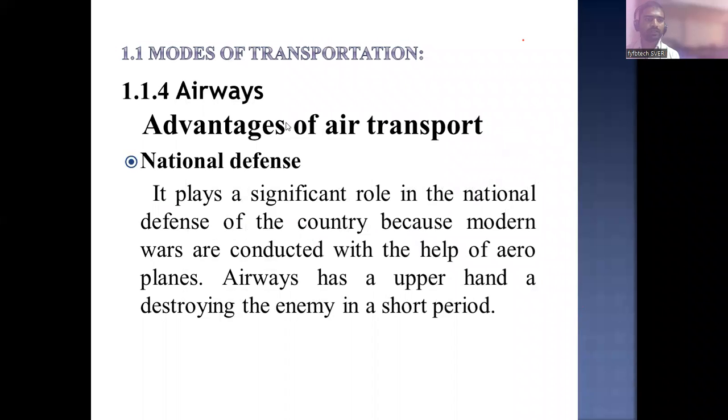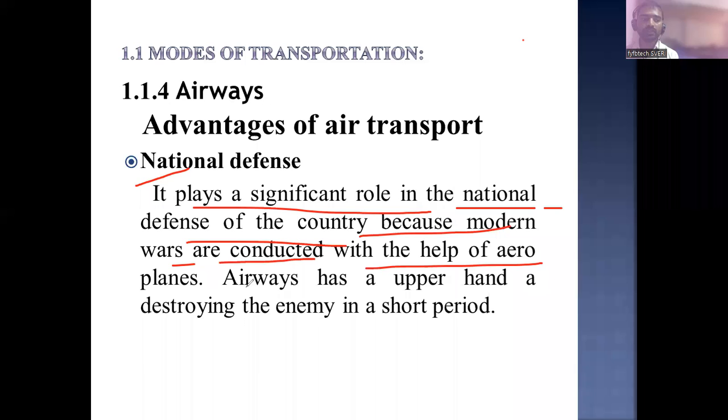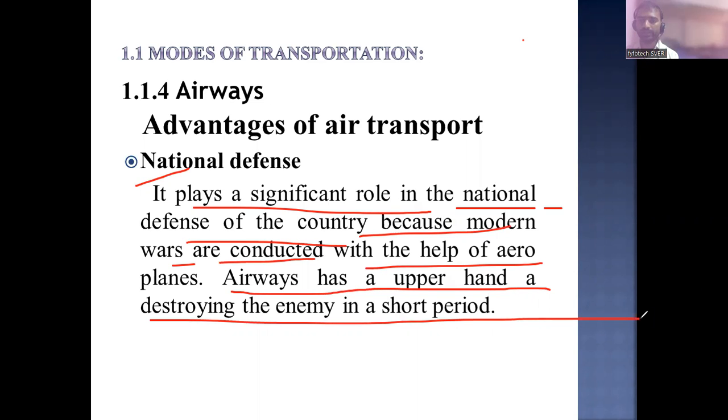Then the advantages of the airport. National defense. Yes, it plays a significant role in the national defense of the country because modern wars are conducted with the help of aeroplanes. Airways has the upper hand in destroying the enemies in a short period. Yes, in our defense services, we are utilizing airways maximally.